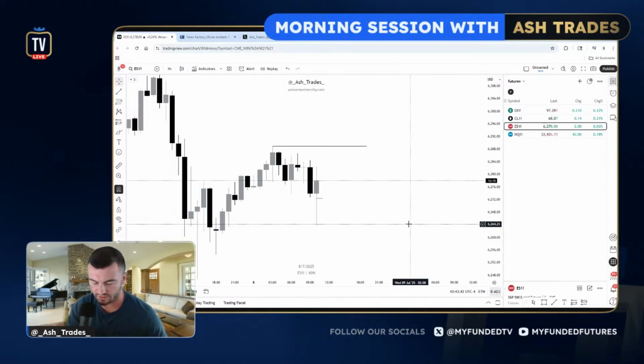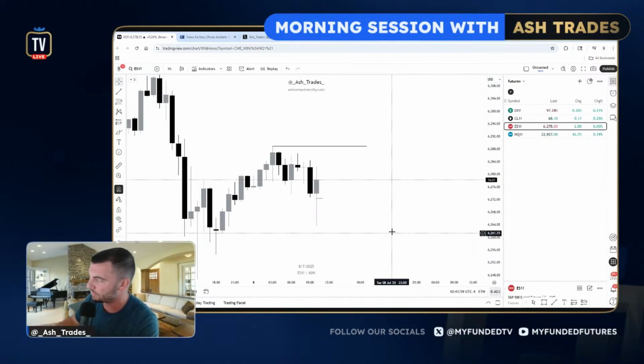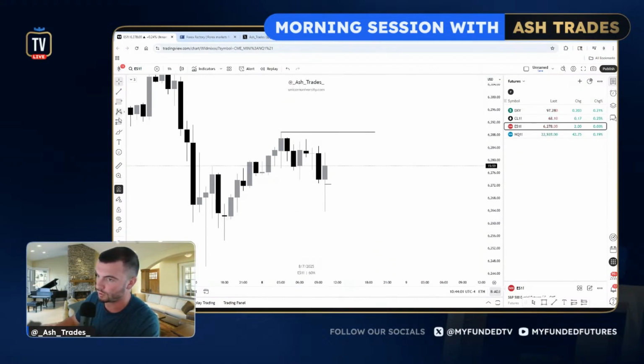Next thing to understand is that when I have a bullish bias, I'm looking to execute from a higher time frame point of interest. The higher time frame points of interest are the same thing as the bias. I'm looking at swing highs, swing lows, and FVGs. Since I'm bullish today, I would want to look for long positions from higher time frame points of interest.